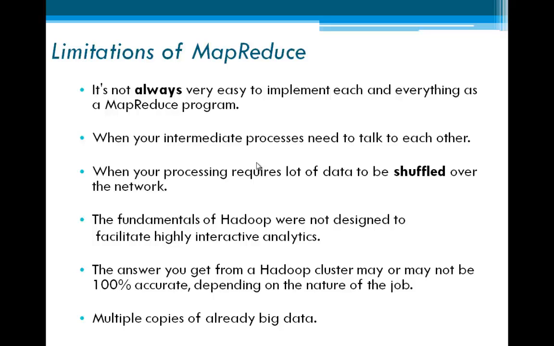When your processing requires a lot of data shuffling over the network, this is also a condition where MapReduce can't be implemented. The fundamentals of Hadoop were not designed for interactive analytics. When it was implemented, it was not as interactive as it's becoming day by day. The answers you get are not 100% accurate, and it solely depends on the job you give to the Hadoop engine.